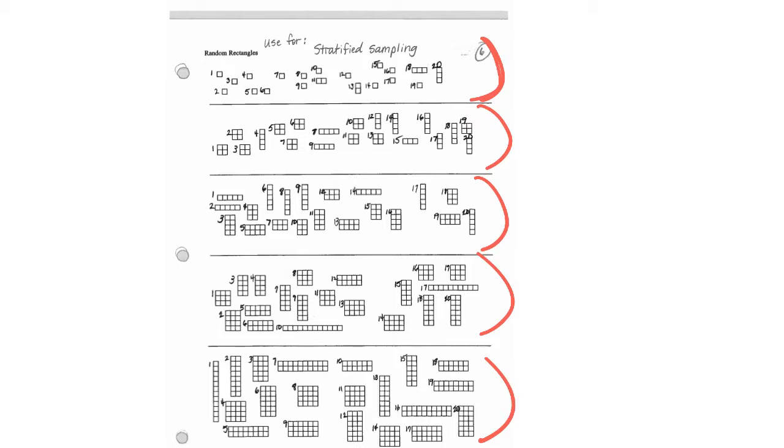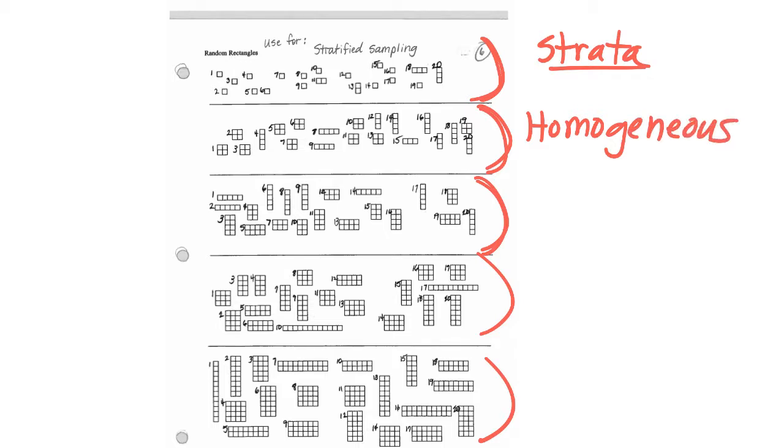We would call this grouping, you wouldn't call it a group, you would call it a strata from stratified. And each one of these strata is not a miniature population. Each strata is called a homogeneous group. Okay, stratify, homogeneous. Every single group is homogeneous.